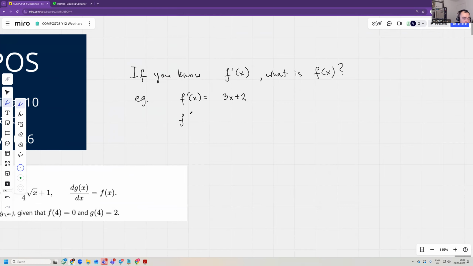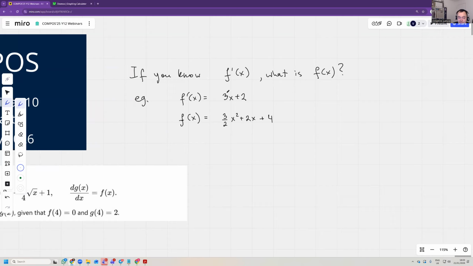that f of x is probably something like 3 over 2 x squared plus 2x, because the derivative of that function is that. However, this is not a unique solution, because what if you say plus 3? The derivative of this function is also 3x plus 2, or plus 4.